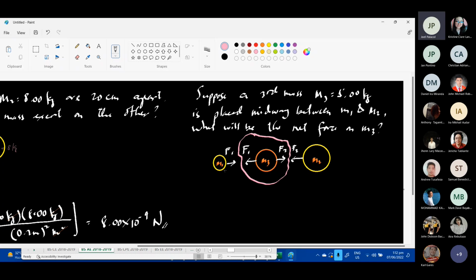Okay, will you do that? M3 is placed midway between M1 and M2. So that means that the distance of M3 from M1 and M2 are both 10 centimeters.